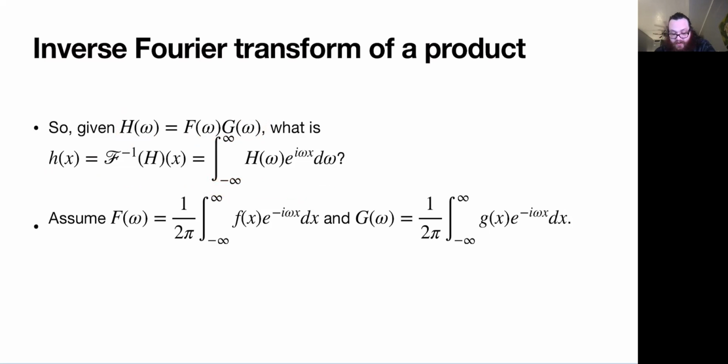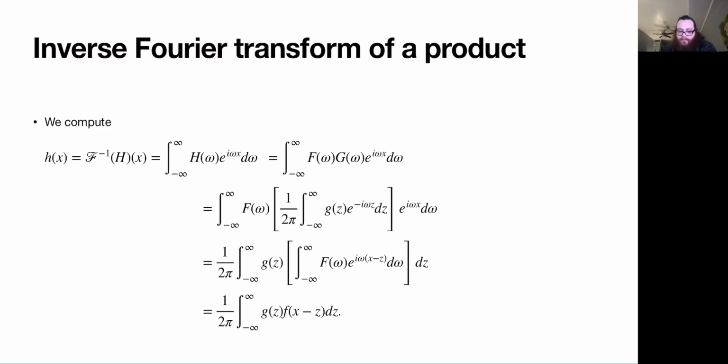To fix notation, capital F of omega is the Fourier transform of little f, and capital G of omega is the Fourier transform of little g. We know what this is: it's a product. So plug the product in, move things around, and see what we get.